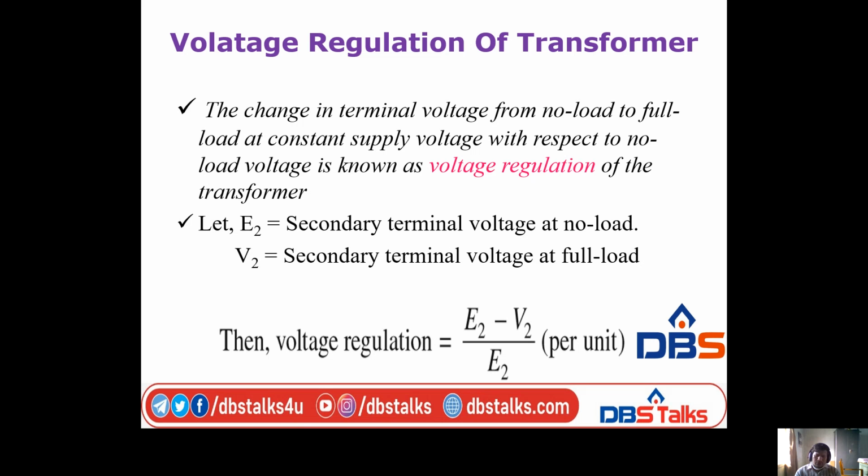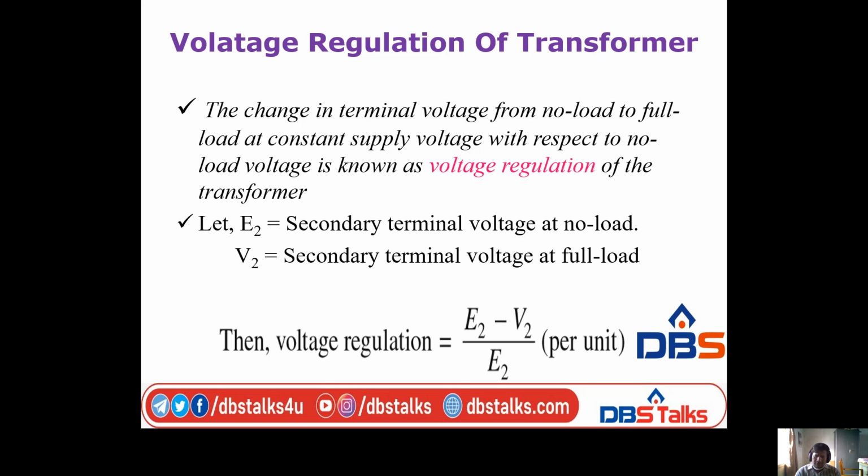So regulation values may be zero, positive or negative, depending upon the load power factor, the different types of loads. We already discussed how to draw the phasor diagram for different types of loads, that is resistive load, inductive load, capacitive load in the transformer on load condition.